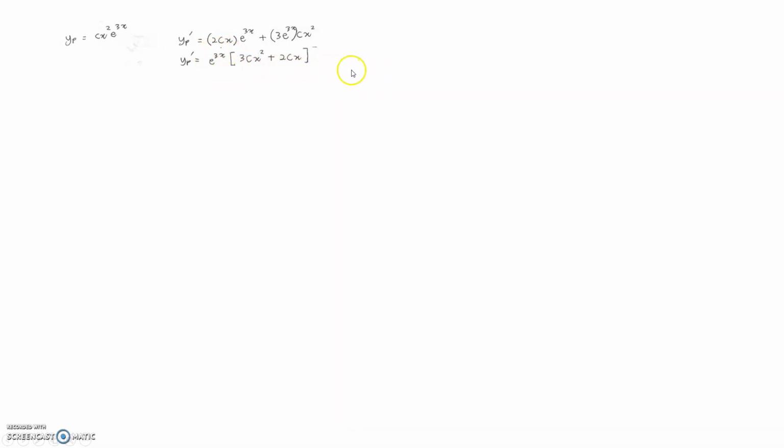After that, you need to find yp double prime. Again, you use the product rule to differentiate this equation. From here, you differentiate 3cx squared, you get 6cx. You differentiate 2cx, you get 2c. And then you differentiate exponential 3x, you get 3 exponential 3x.